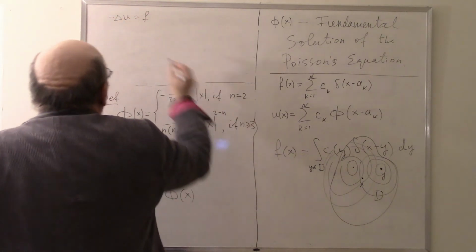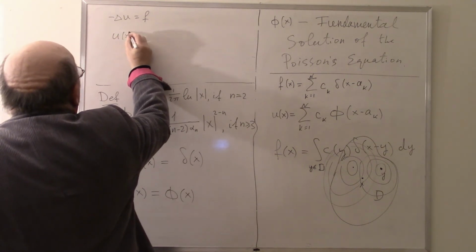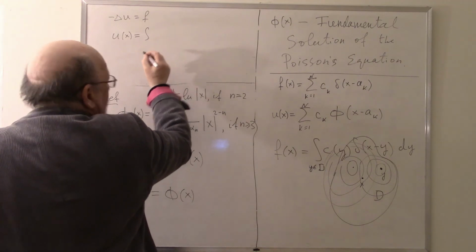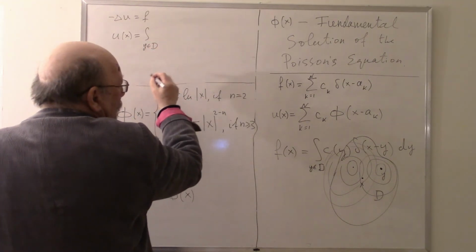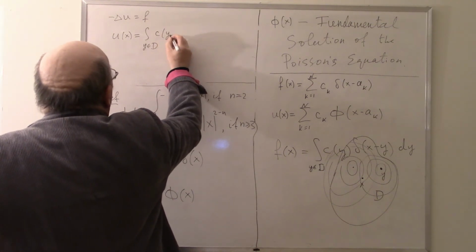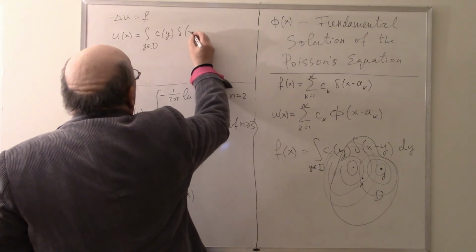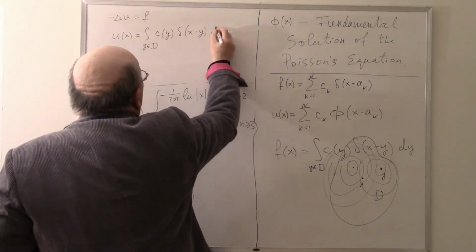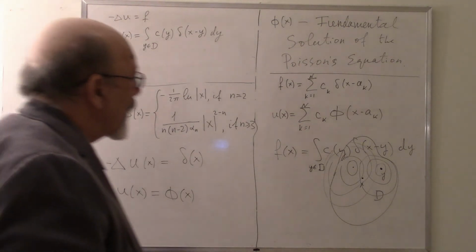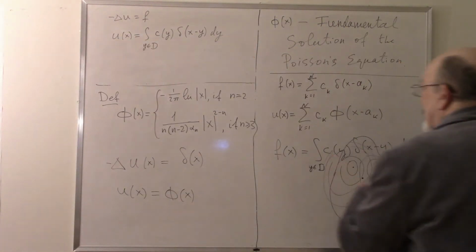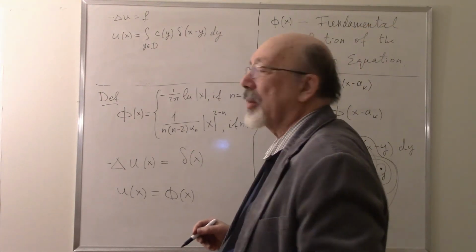u of x equals integral over y in D of c of y delta of x minus y dy. Yes? But now let's look once again at what is integral c of y delta of x minus y.